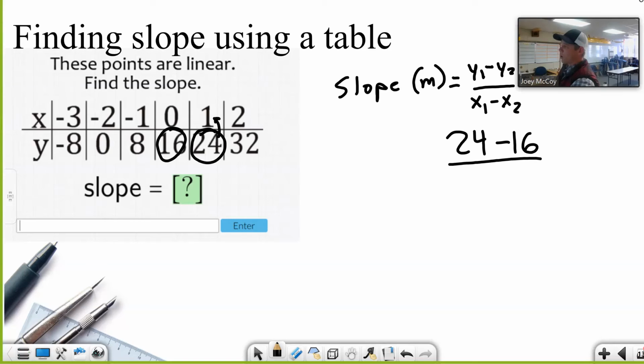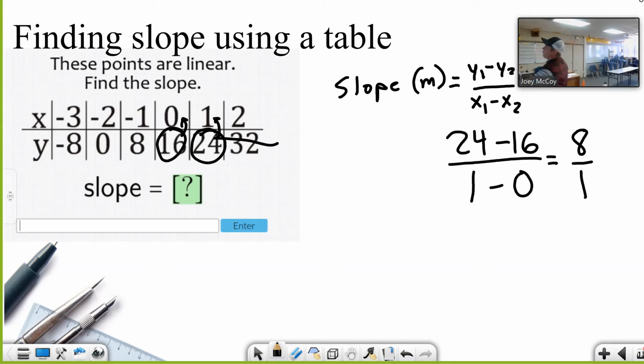If I started with 24, I have to start with the number 1. And then I'm going to subtract the matching x value, and I get 8 over 1. The slope of this line is 8 over 1, or 8 in simplest form.